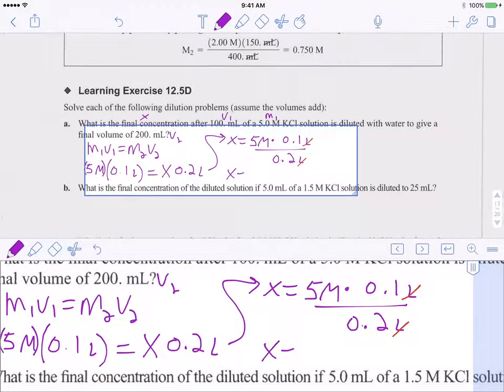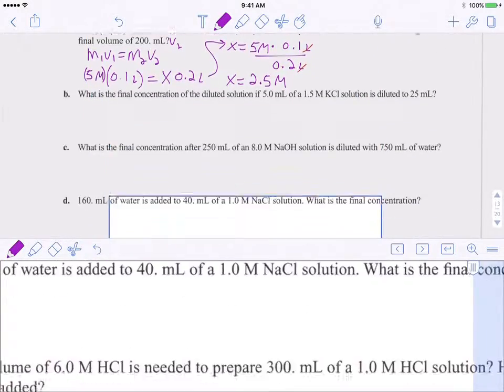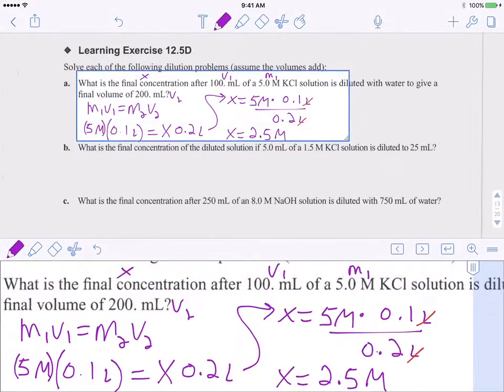So X equals 5 times 0.1 divided by 0.2, 2.5 molar. Excellent, excellent. So that's 12.5.